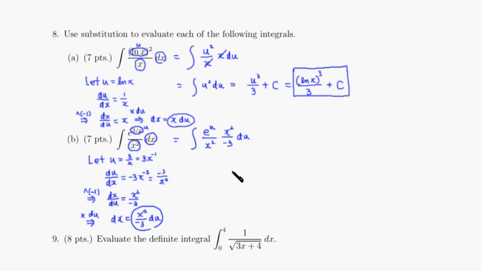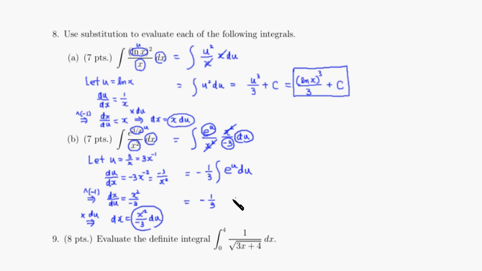Let's clean it up. You have x squared on the bottom and x squared on top, so we can cancel that. And you have a negative 3 on the bottom, so that's just a constant. We're going to pull it out as negative 1/3. Then you have an integral of e to the u du. The antiderivative of e to the u is very, very simple.